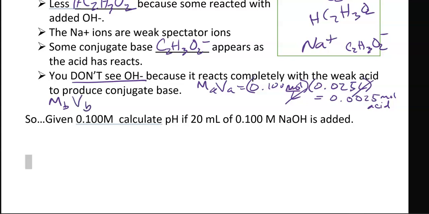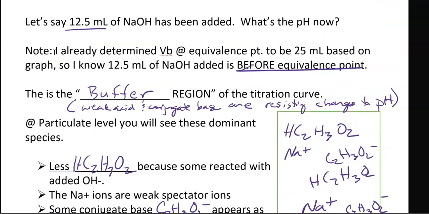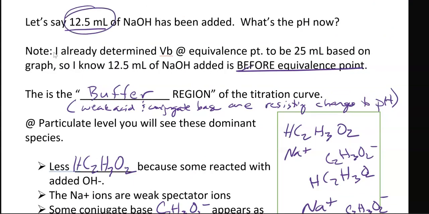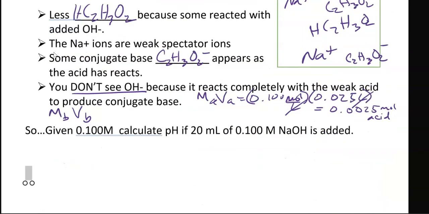It explicitly told you, just a little while ago, that you added 12.5 milliliters of sodium hydroxide. So just take that molarity and that volume and you get 0.00125 moles of base.